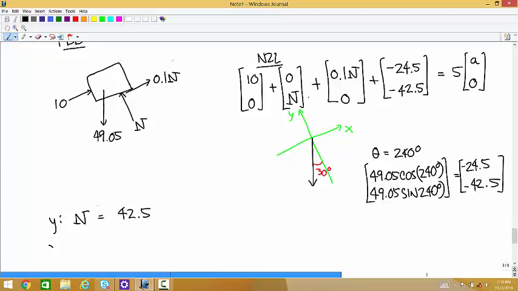Then plug that into the x equation: 10 plus 0.1 times 42.5 minus 24.5 is equal to 5a.